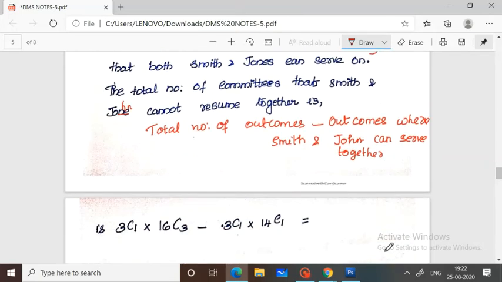So that the value is the total number of outcomes minus the outcomes where Smith and John serve together.